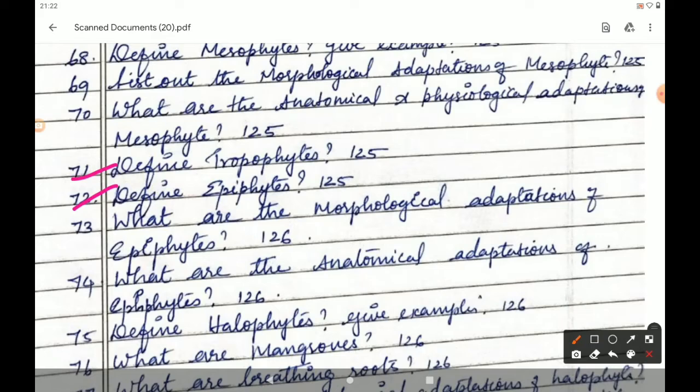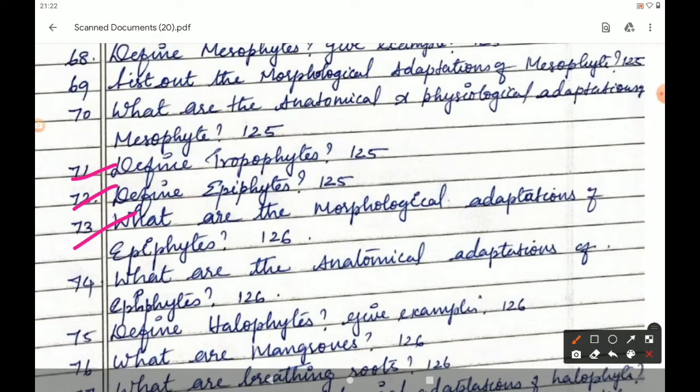The next question, question number 73. What are the morphological adaptations of epiphytes? Answer is given in page number 126. The root system is extensively developed. Clinging roots fix the epiphyte firmly on the surface of the supporting object. Aerial roots are green colored roots which may hang downwardly.